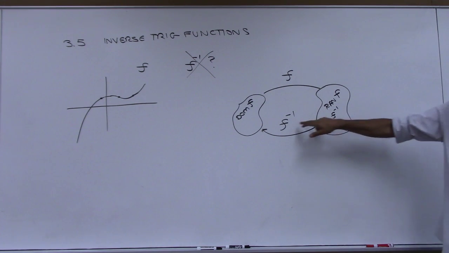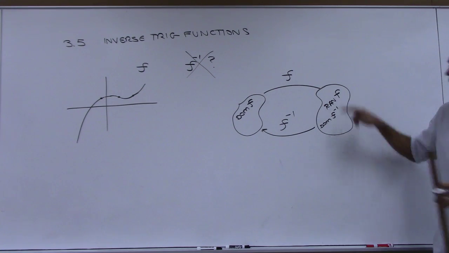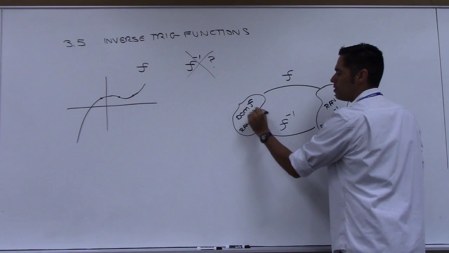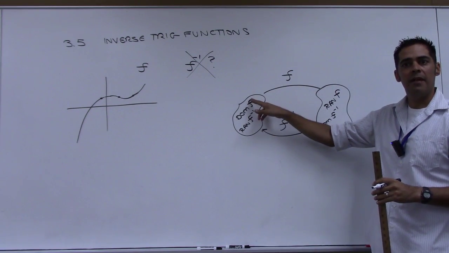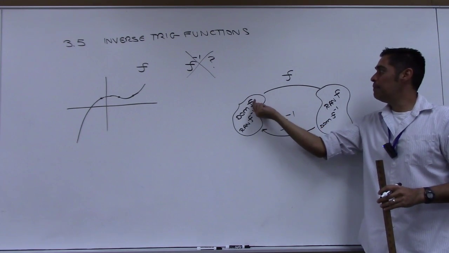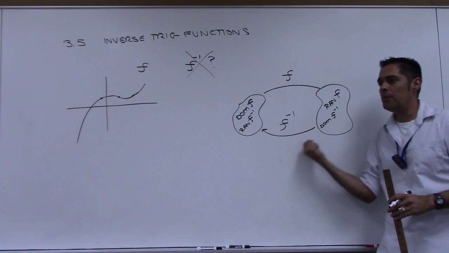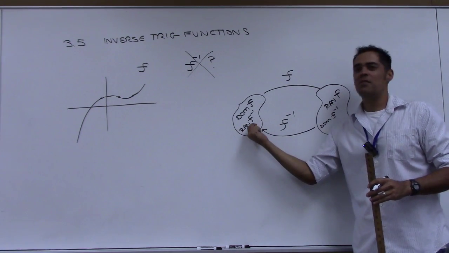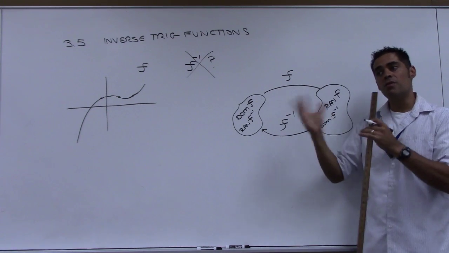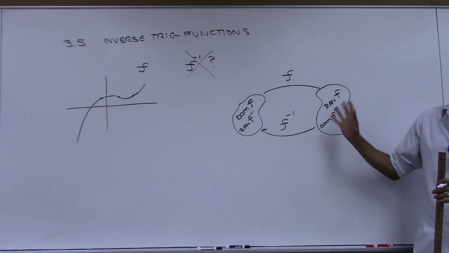The domain of f inverse is actually the range of f, and the range of f inverse is the domain of f. The inputs here turn into outputs, and those outputs become the inputs of the inverse. The outputs of the inverse become the inputs of the original. So the roles of domain and range switch places. Does that kind of look like something you may have seen?